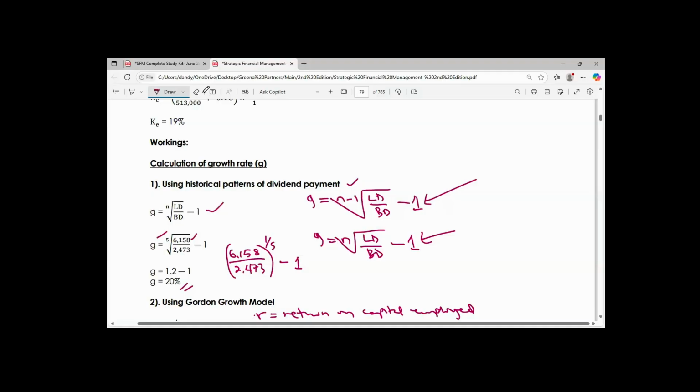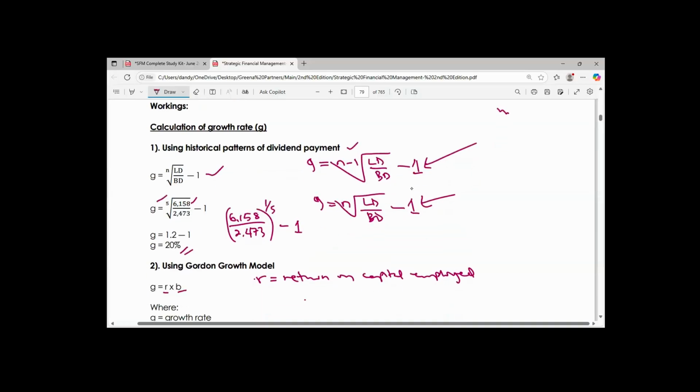When we calculate for this question you are solving now, for the historical pattern, the formula is growth equals the nth root of the latest dividend over the first dividend, minus 1. But you said it was 5 years ago and used just 5, not 5 minus 1. No, in this particular one, you don't put n minus 1.